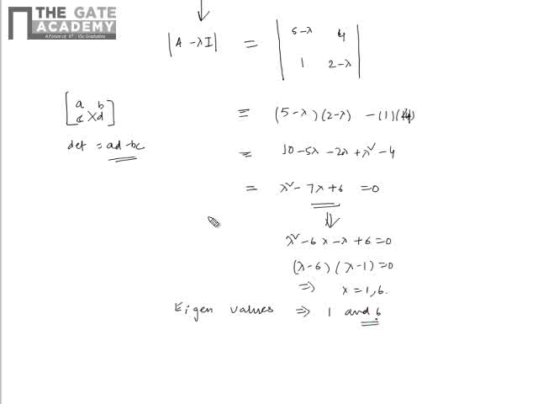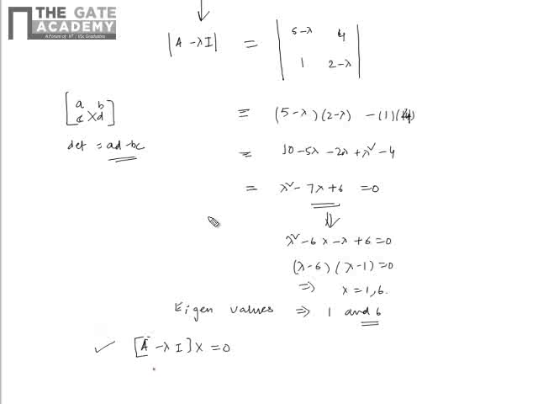Now, corresponding to these, let's find the eigenvectors. For the eigenvector, you again start from the equation (A − λI)x = 0, because by definition x is an eigenvector when you substitute the values of λ.